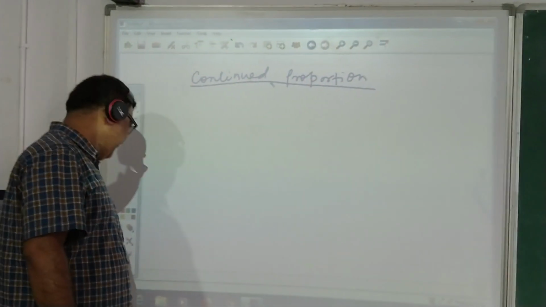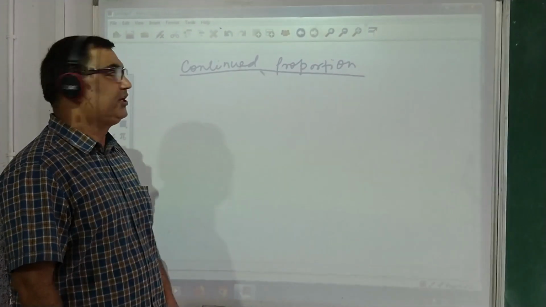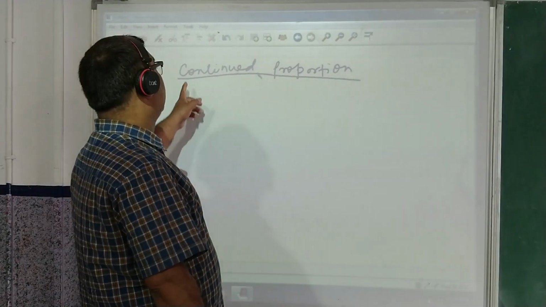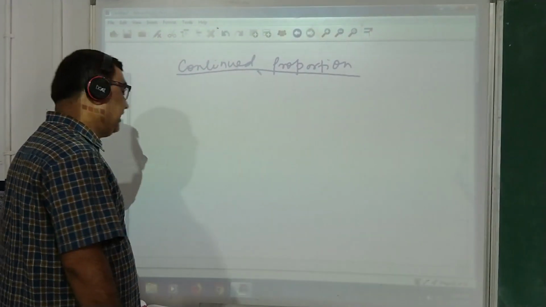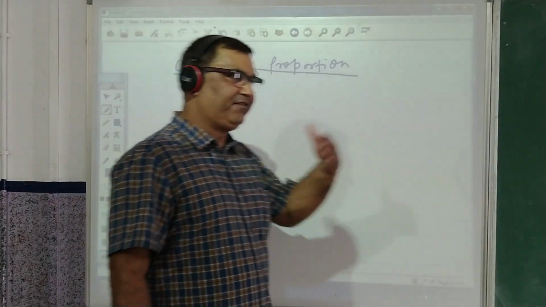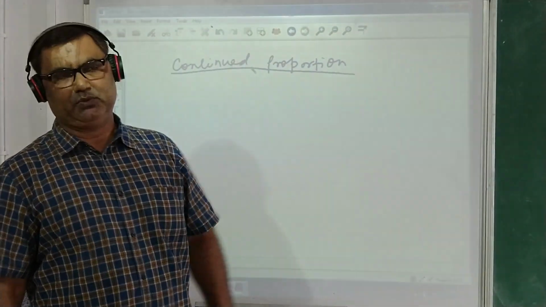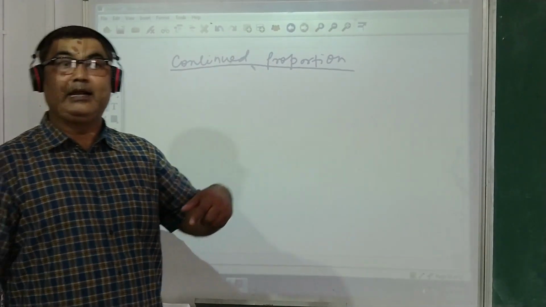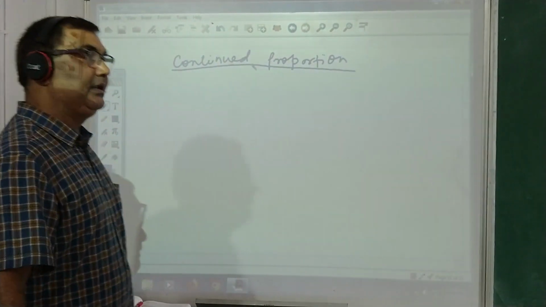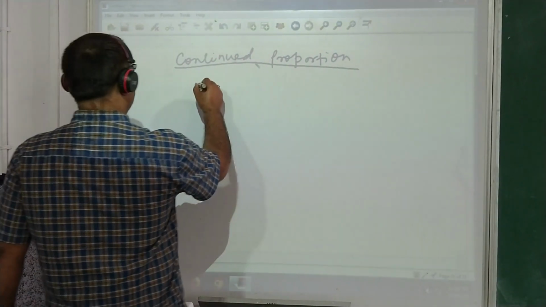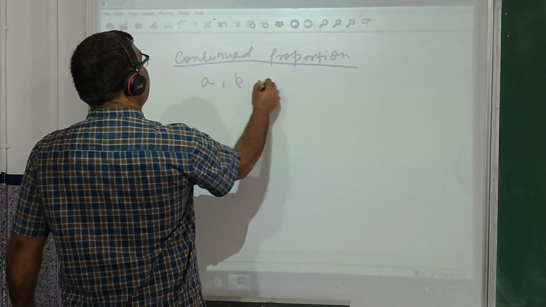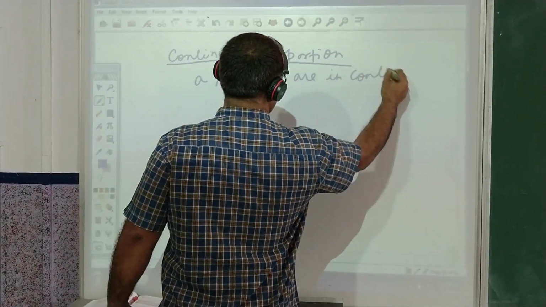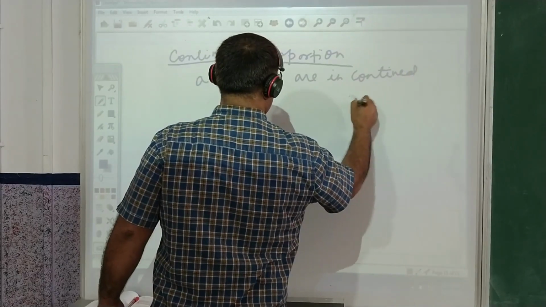Three non-zero quantities are said to form a continued proportion if the ratio between the first two and the last two are the same. Suppose A, B and C are in continued proportion.